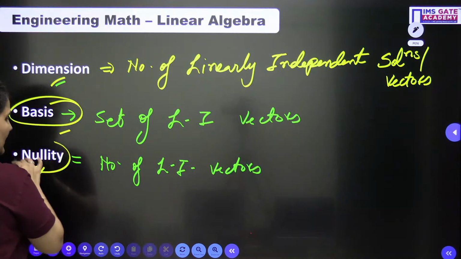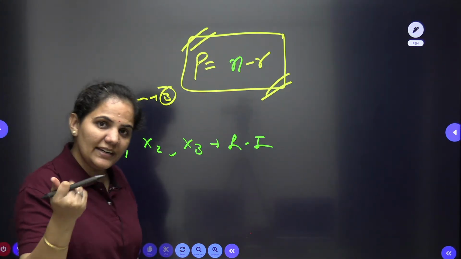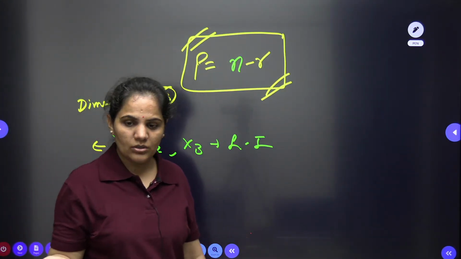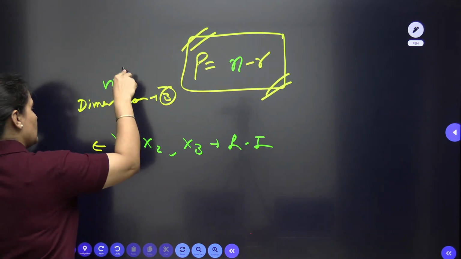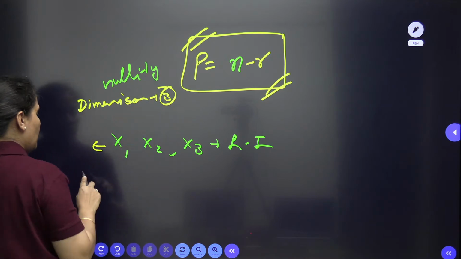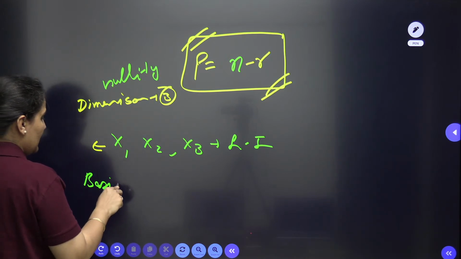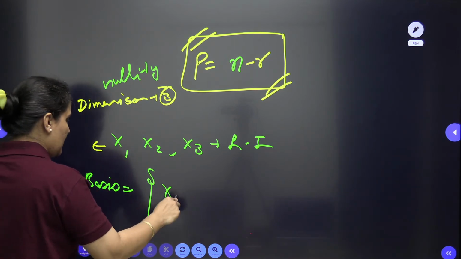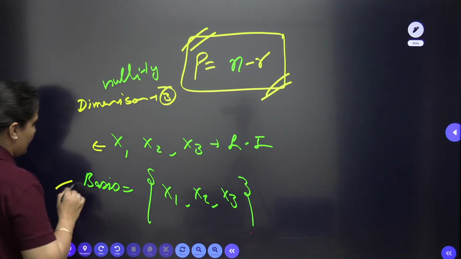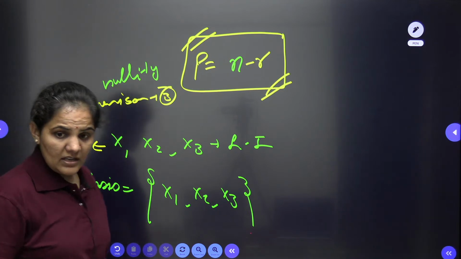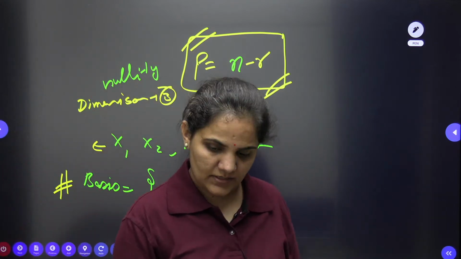Nullity is also 3 here. Basis will be the set x1, x2 and x3.